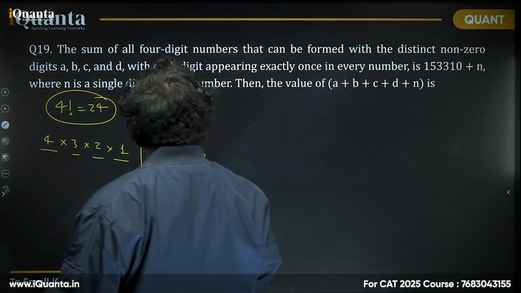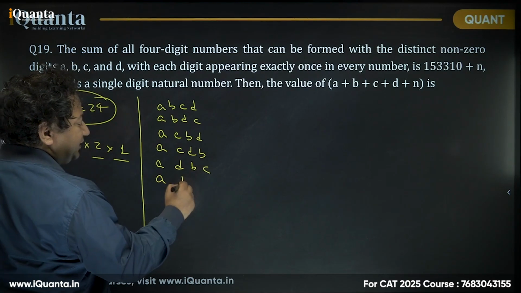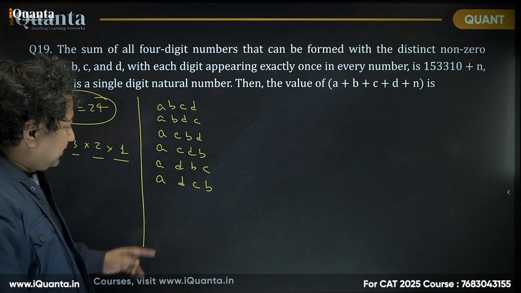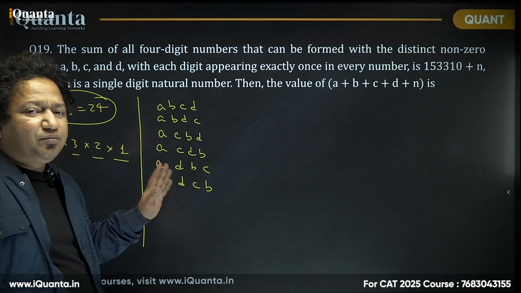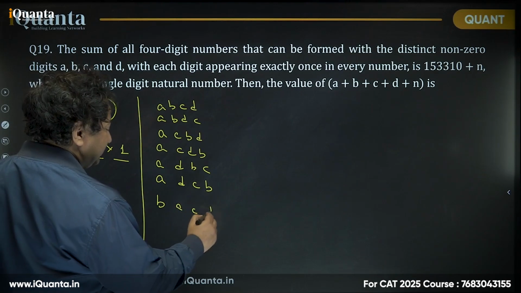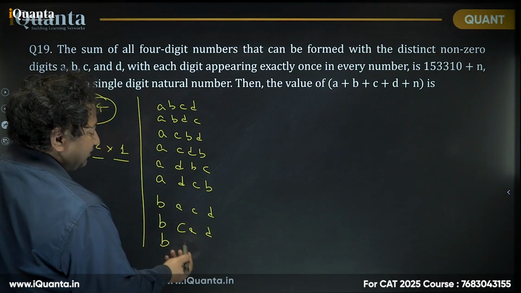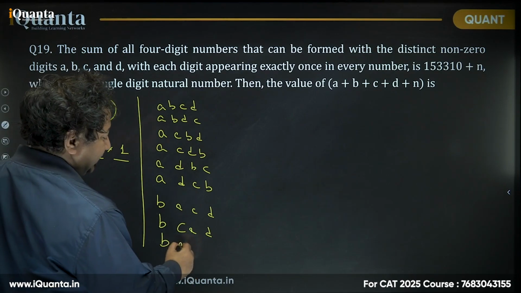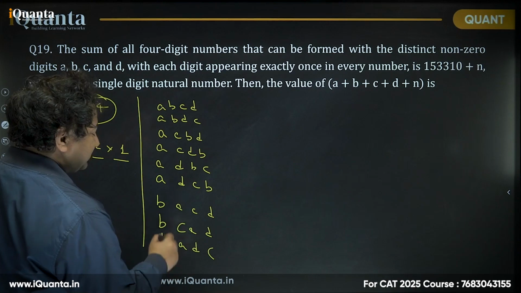If I write more, I'll have A, D, B, C and A, D, C, B. Now I cannot do anything more with the last 3 digits while keeping A first, so I move A and start with B: B, A, C, D; B, C, A, D; B, A, D, C, and so on. That is how I'll keep on doing it.